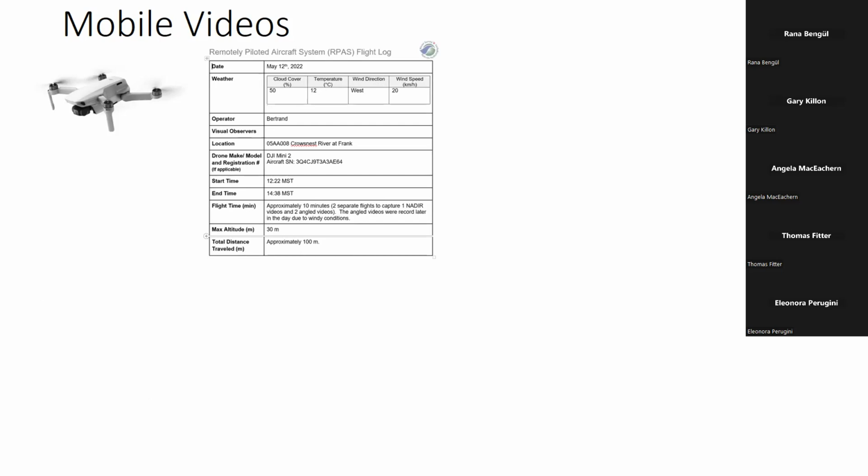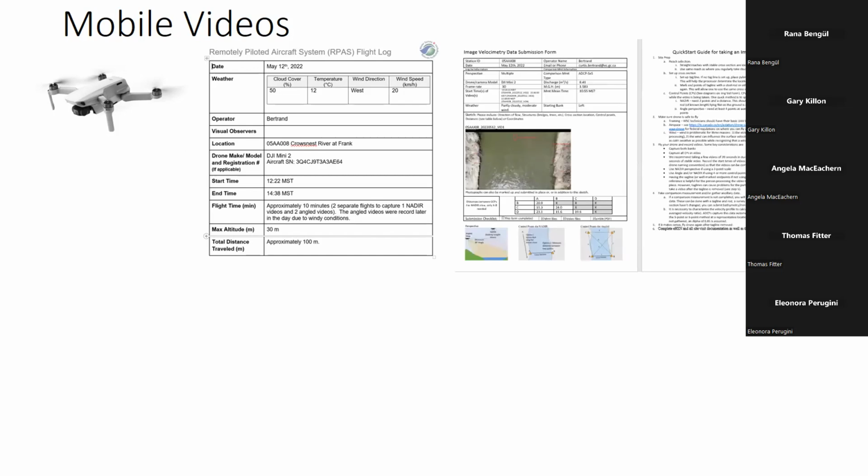So we've also created, we have a process for flight logs. This is just a front page of an example of someone who's flown the drone, what kind of information we capture. It's about a 4-page document that I didn't show here. And then we've created standards. So when a tech goes into the field, they fill out this form, and it helps to make sure that one, they understand what they're doing, and then 2, they're capturing critical information.